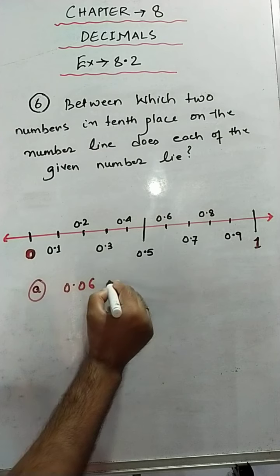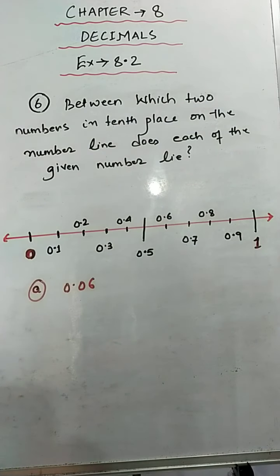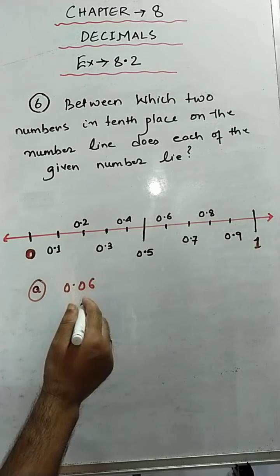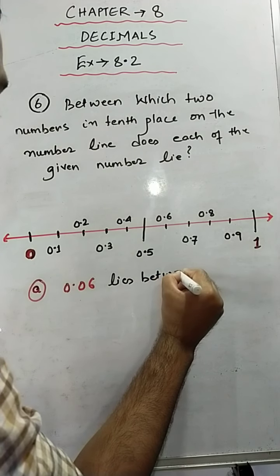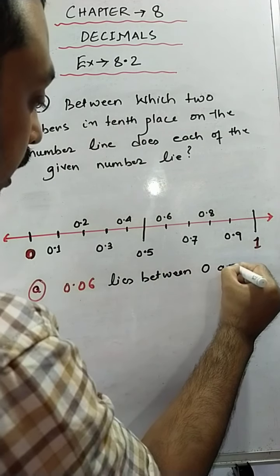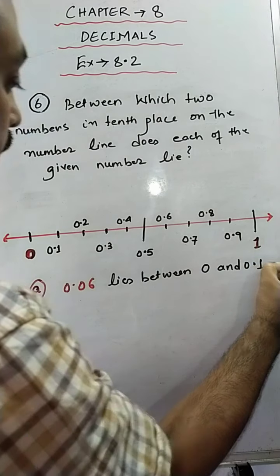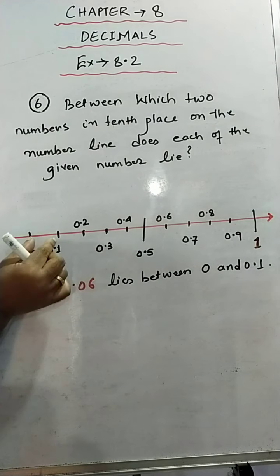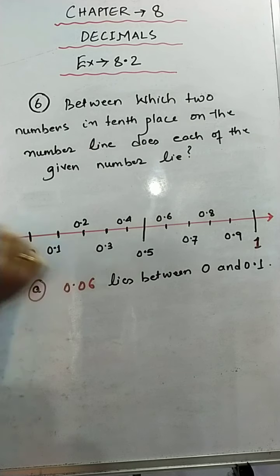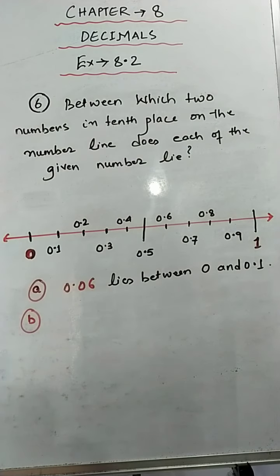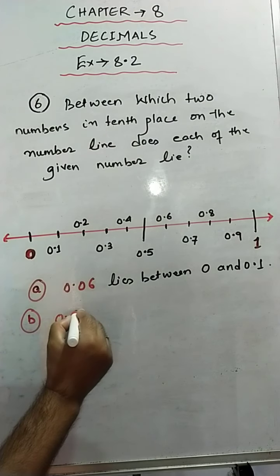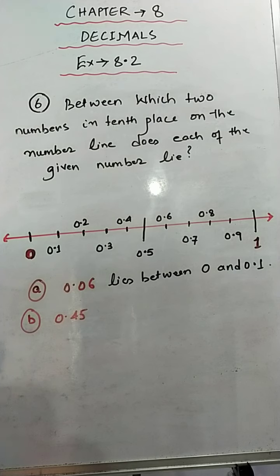So 0.06 lies between 0 and 0.1. Okay, so that means this number will fall under this gap. Okay, now part B. Part B is given, 0.45. Now carefully see, 0.4.